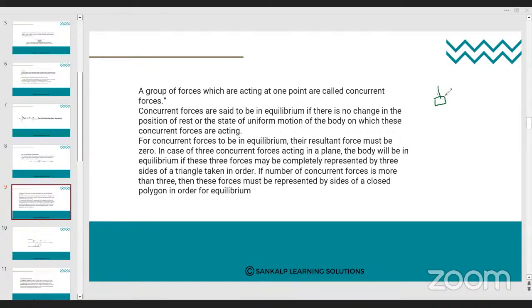For example, this is one force, this is one force, this is one force, this is one force. Each is 5 Newton.